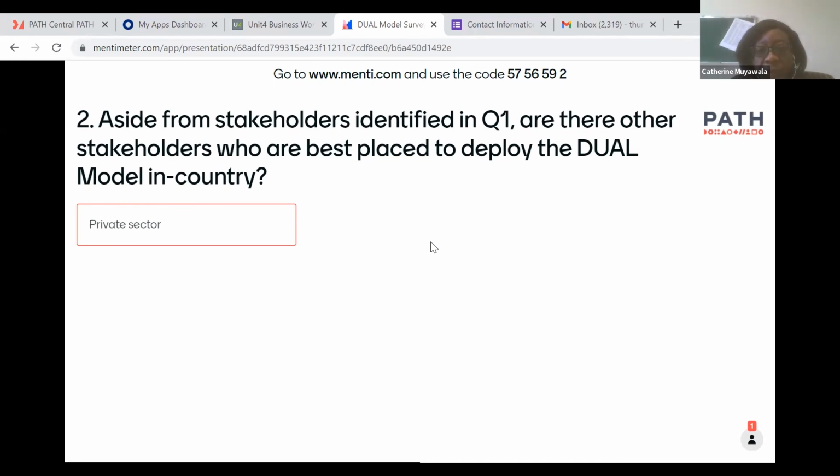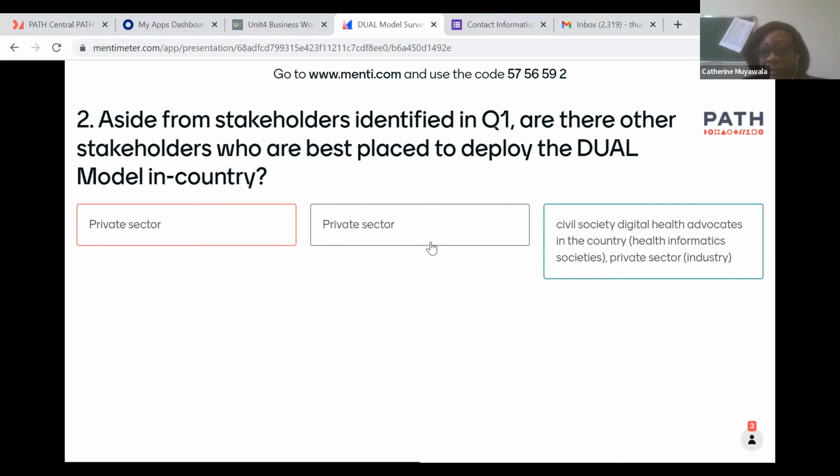Okay, there comes one. We're saying the private sector. Have we left out anyone? Are there any other stakeholders whom we could add to all the stakeholders? Okay, so it's just the private sector. Wow, interesting.